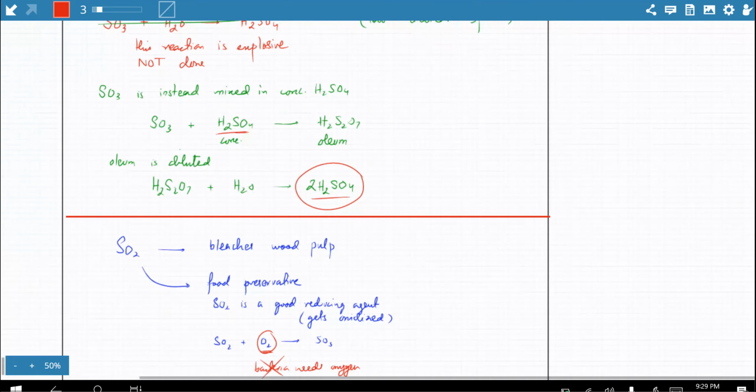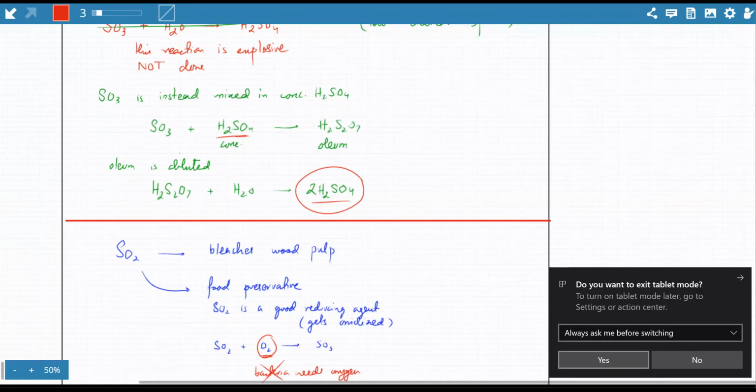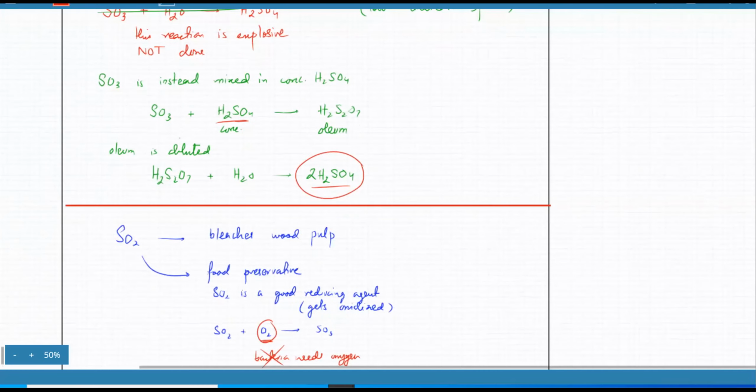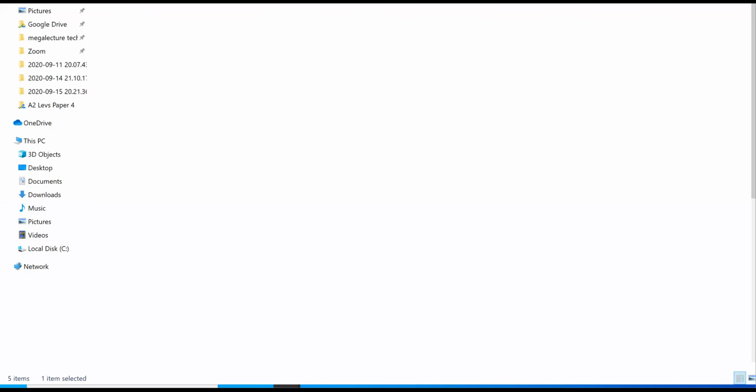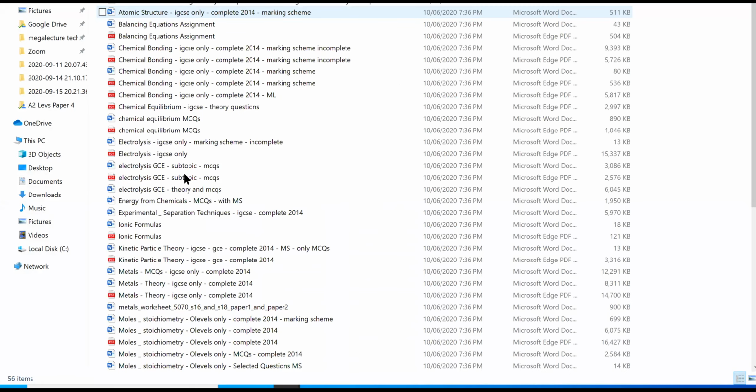Yes. अच्छा, so just one second, let me open past papers quickly. अच्छा केमिकल थ्योरी क्वेश्चंस कर लेते हैं, ठीक है?